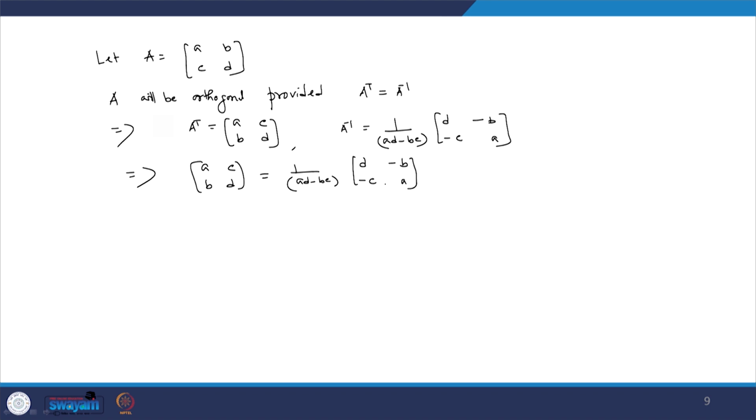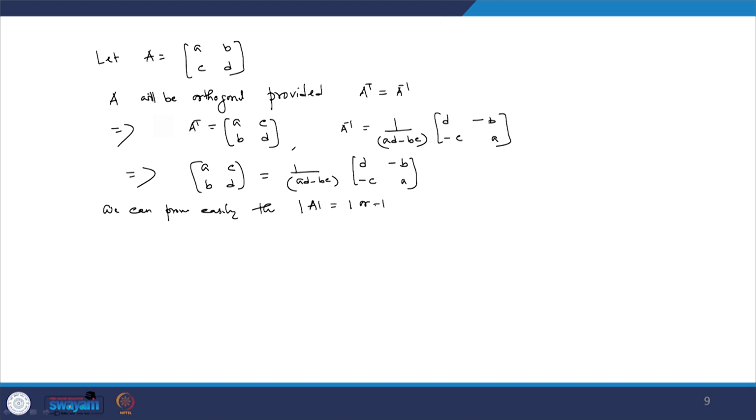Now, we can easily prove that the determinant of A equals 1 or minus 1. If you consider an orthogonal matrix, the determinant of A will be either 1 or minus 1.